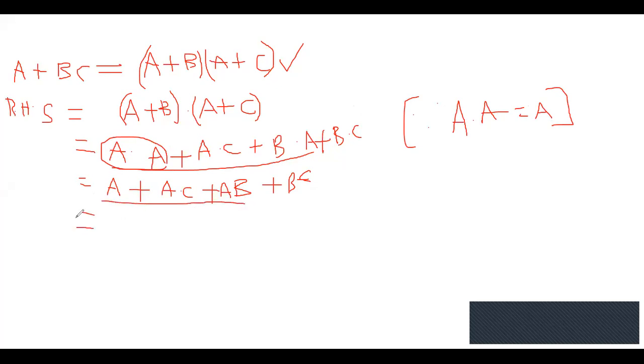What is common? A is common. If A is taken as common, in the first term the remaining value is 1, plus A dot C, A is taken common, the remaining value is C, plus A dot B, A taken as common, the remaining value is B, plus BC.